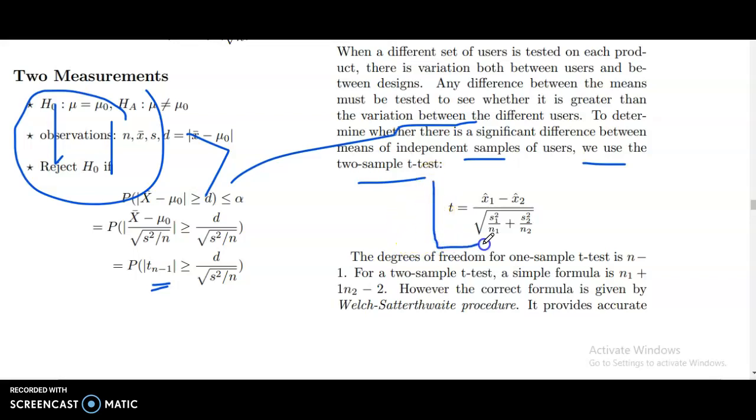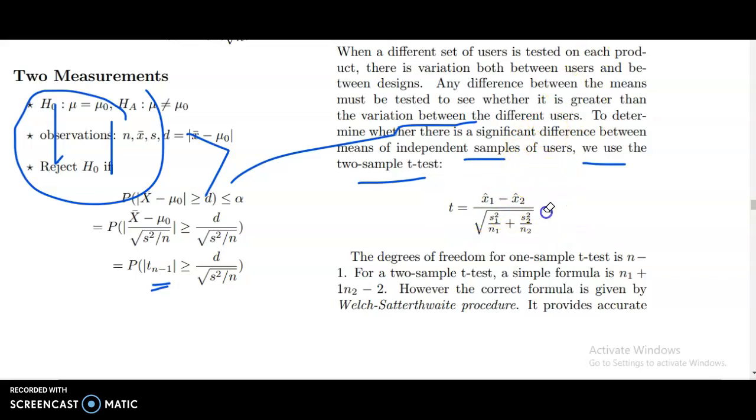t equals x1 minus x2, the means of the samples, divided by the root of s1 squared over n1 plus s2 squared over n2.